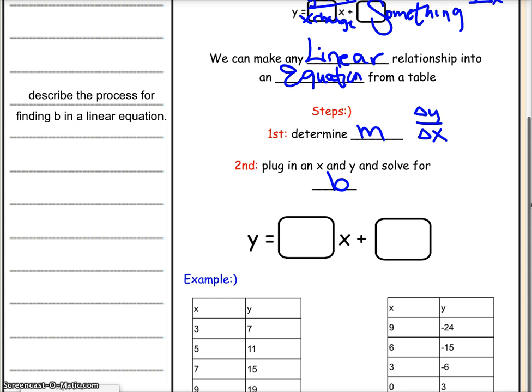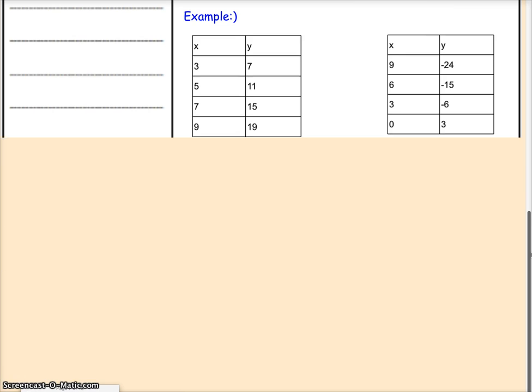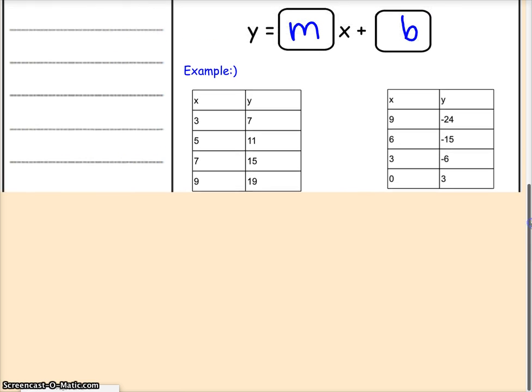So find m, plug in, solve. Find m, plug in, and solve. Y equals mx plus b.